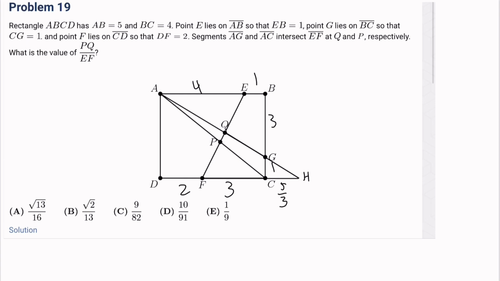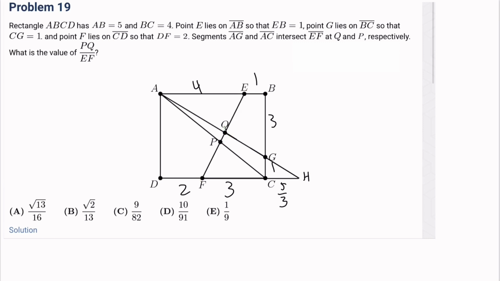Right? And now we need to find PQ and EF, right? First of all, AEQ and HFQ, those are similar triangles, right? And the ratio of their length is 4 to 3 plus 5 over 3, right? And so that would give us the ratio of EQ to QF.